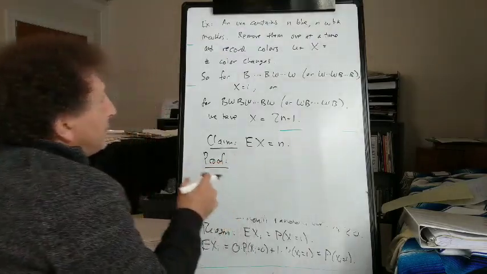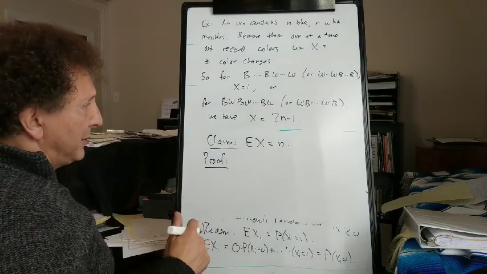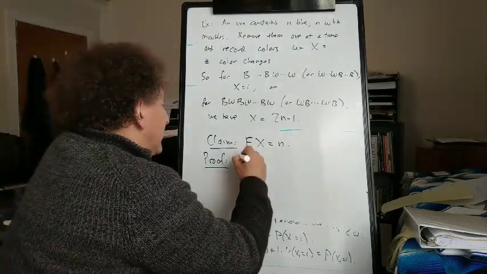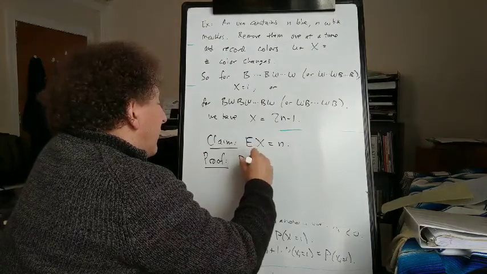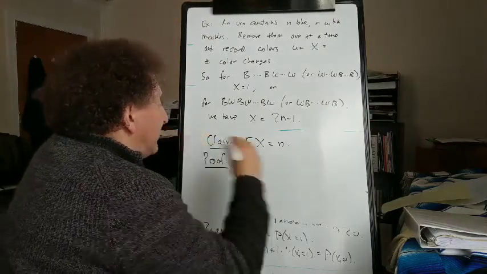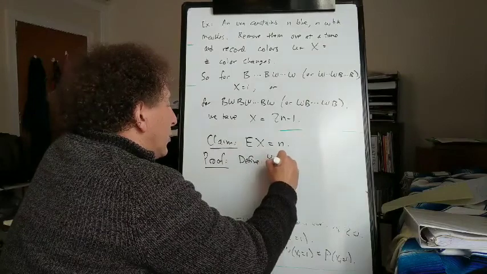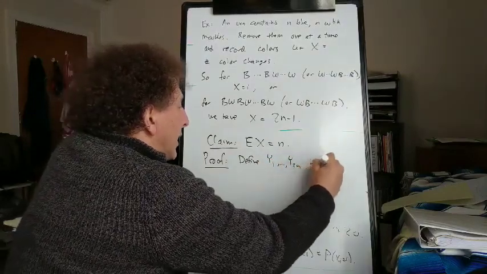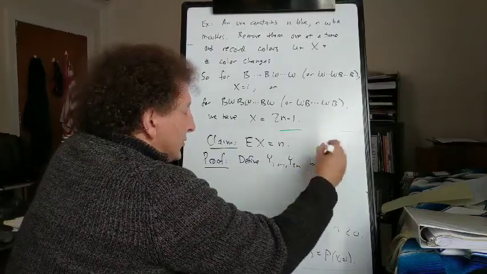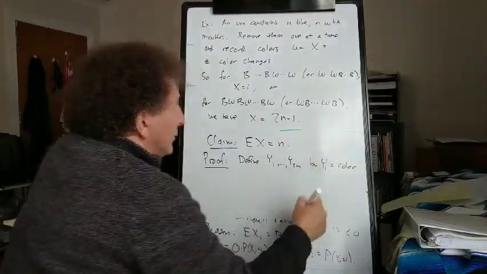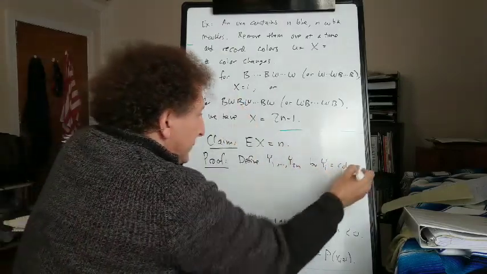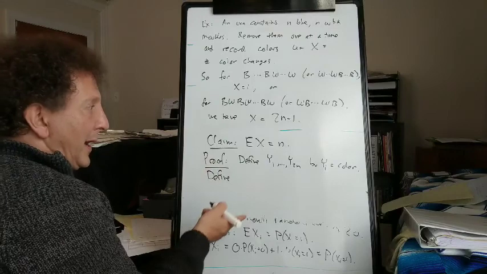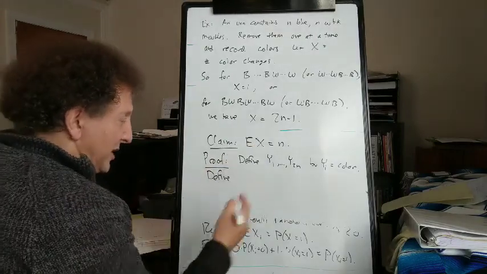So let me define some more random variables that are going to add up to x, or help us out. So first of all, let me define y1 through y2n by yi equals the color. So this is going to be blue or white. Now that's not exactly what we want to add up to get to n, because we only want changes.